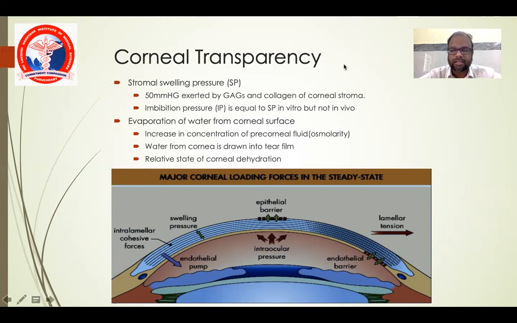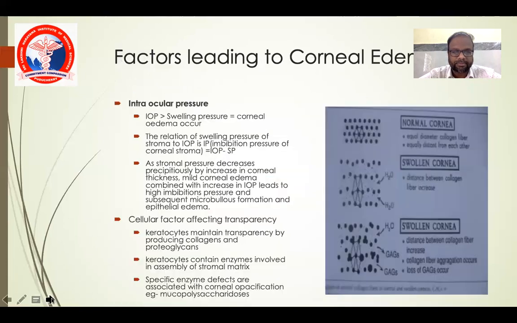So there is a greater amount of salts in the tear film compared to the cornea, and this draws water from the cornea into the tear film. This constant drawing of water from the cornea into the tear film also maintains the transparency of the cornea. So the cornea is in a relative state of dehydration.